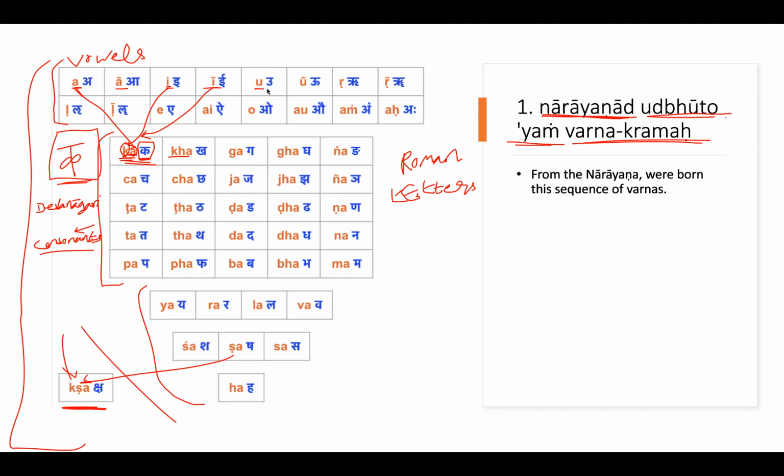This is U. This is U. This is R. Some people say Ri. Some people say Ru, but it is R. Because the vowel, as I said, should not obstruct. When you say it's obstructing there, so you have to say that sound.